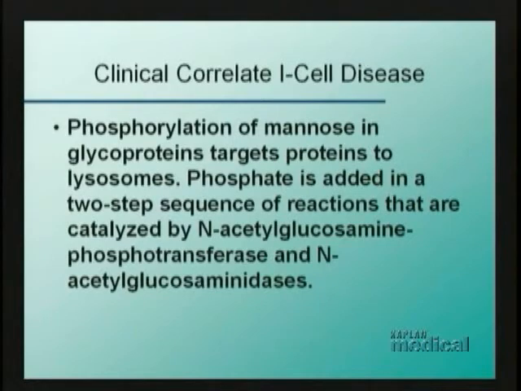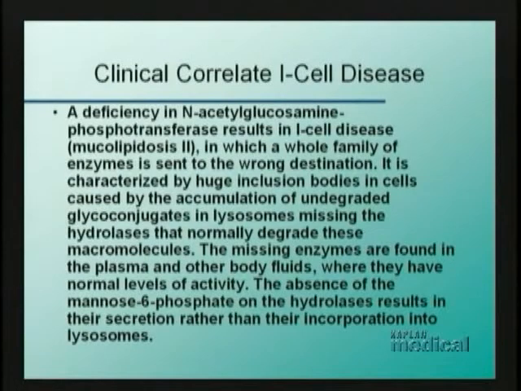In I cell disease, under normal circumstances, mannose 6-phosphate residues in glycoproteins are modified by a phosphotransferase enzyme to make sure that hydrolase-based enzymes are sent and incorporated into lysosomes. But when I cell disease results, there is a deficiency in that phosphotransferase enzyme, which means that the lysosomal-based enzymes are sent to the wrong destination.